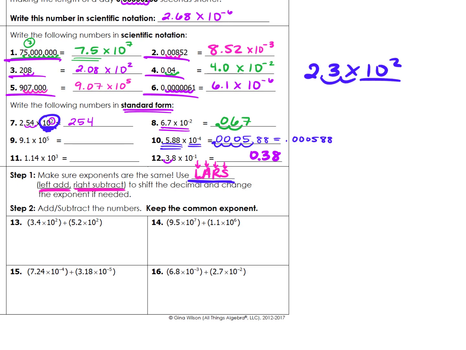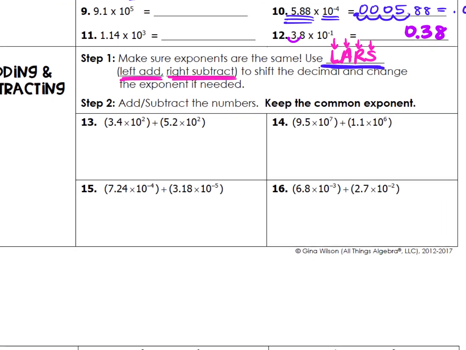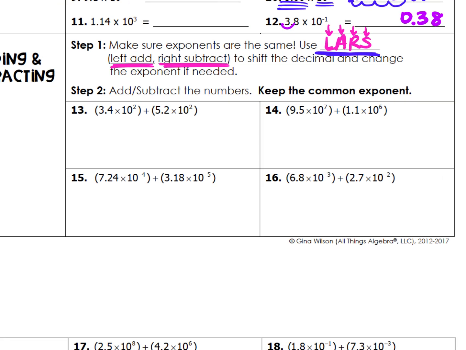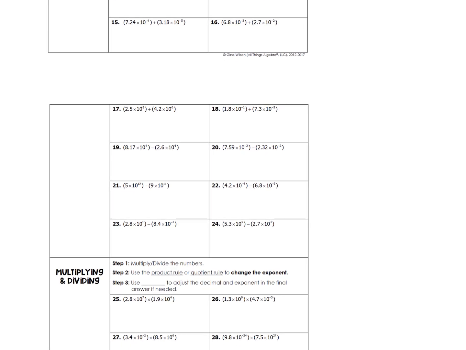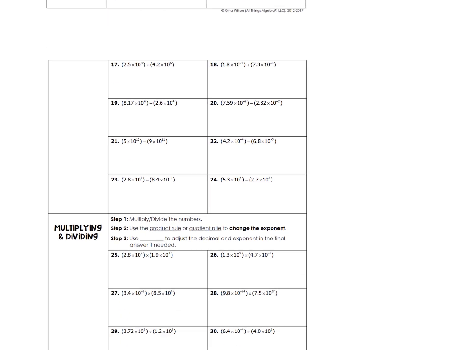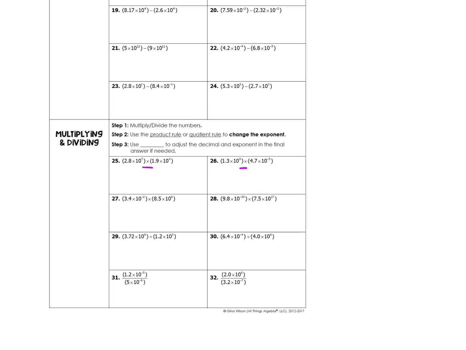Okay. Take a look at number 13 here. This is a little bit tricky because you're going to see, like on these ones, we're adding with exponents, whereas down here, we're going to multiply with exponents, okay? And just like what we did with our exponents in general before, those are different things.